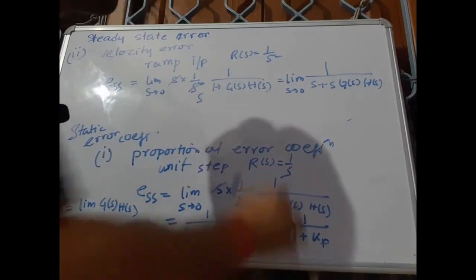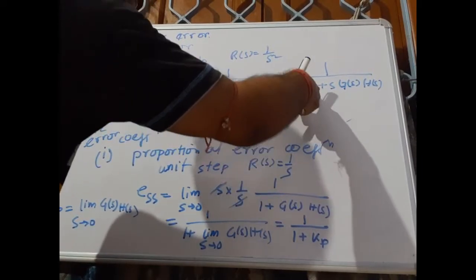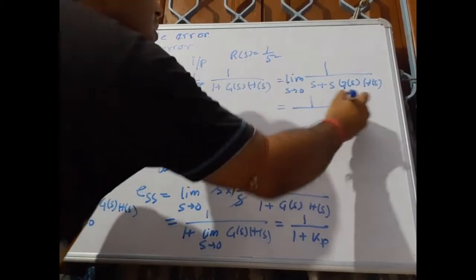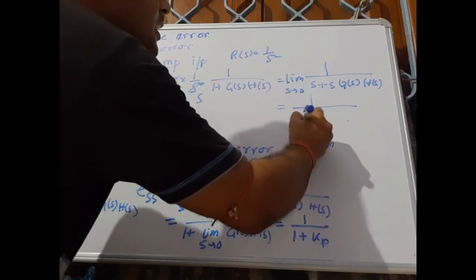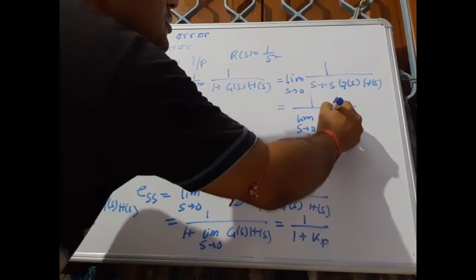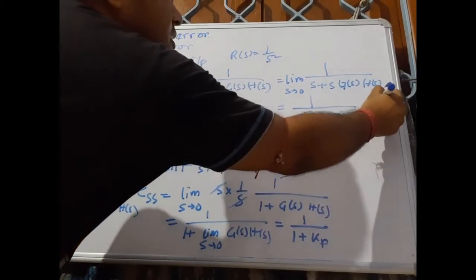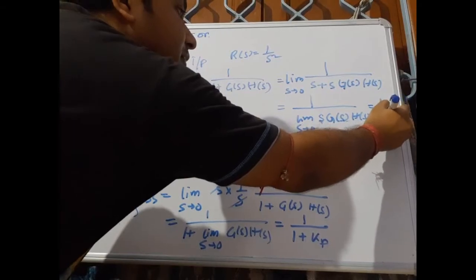Now if I put the value of s here, this will be 0, so 1 by limit of s tends to 0 s into G(s)H(s), and that is equal to 1 by Kv.